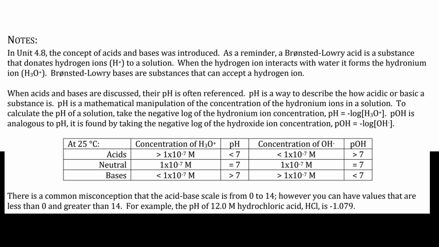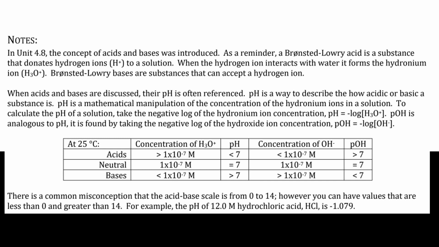So in unit 4.8, we were looking at acids and bases. Reminder that a Bronsted-Lowry acid is a substance that donates a hydrogen ion, and when it interacts with water, it's going to form the hydronium ion, the H3O plus. If it's a Bronsted-Lowry base, it's going to be the one that's accepting the hydrogen ion.